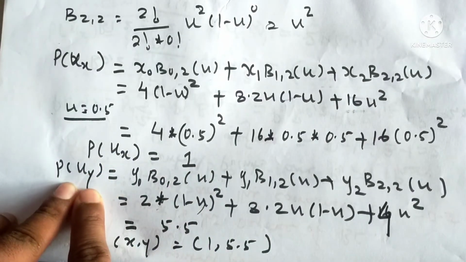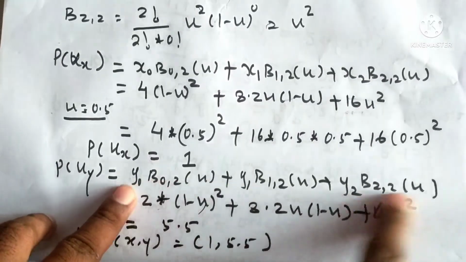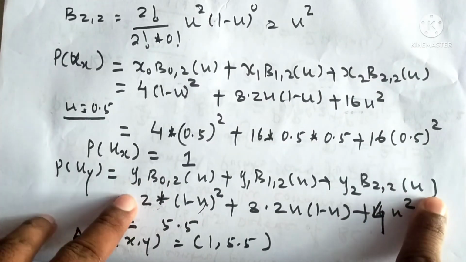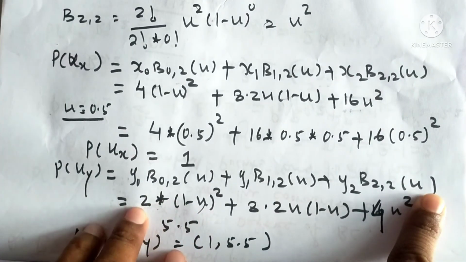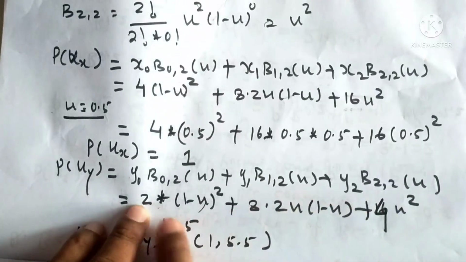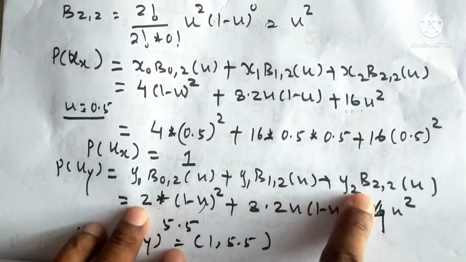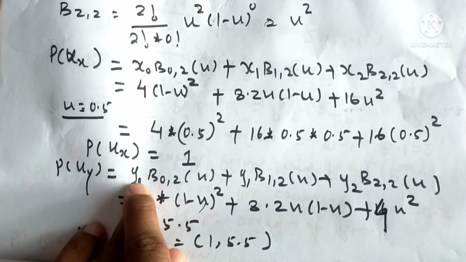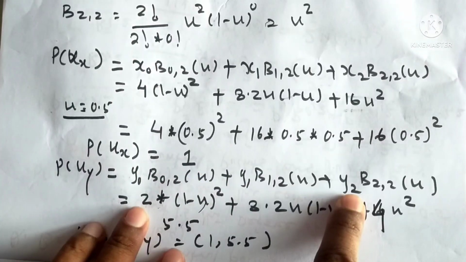Similarly, you can find the value of the y coordinate. This equation you already discussed in the derivation part of the Bezier curve. From this equation you substitute the values only: y0, y1, y2 are the y coordinates of the first, second and third control points.